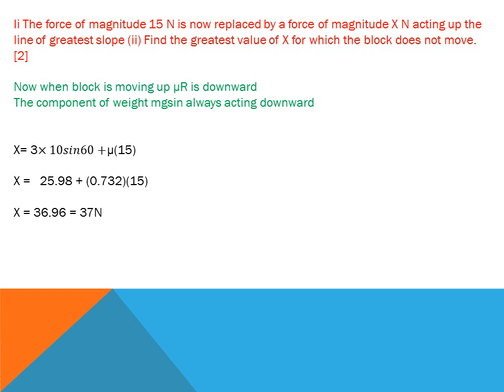So there is only the upward force X Newton and the downward forces are the mg sin theta component and also the friction force μR. In this way, the body is in equilibrium. X is equal to mg sin theta plus μR. In this way, I will find the value of X is equal to 36.96 Newton, which when reduced to one decimal place becomes 37 Newton.